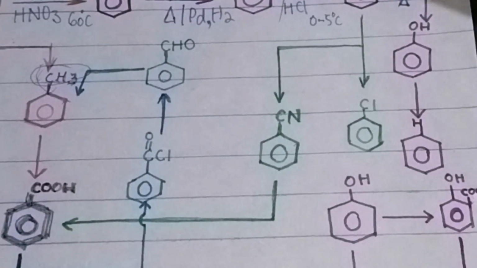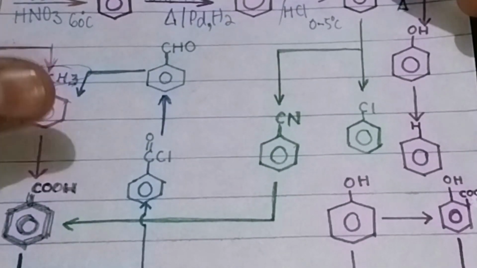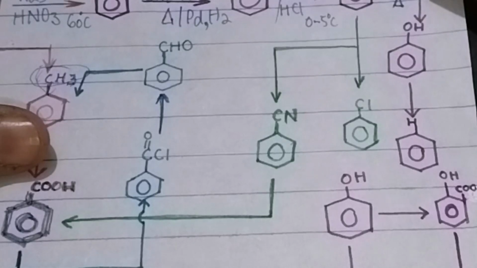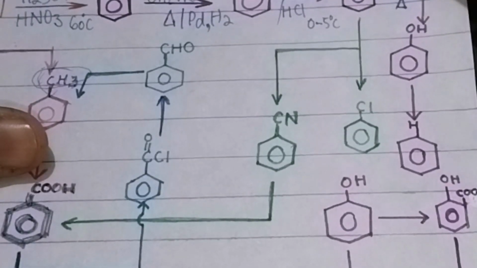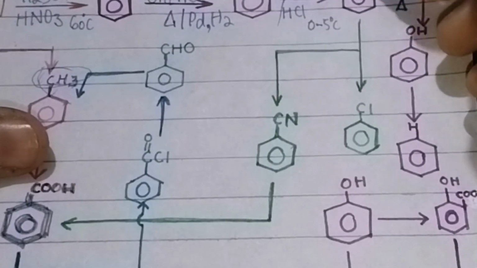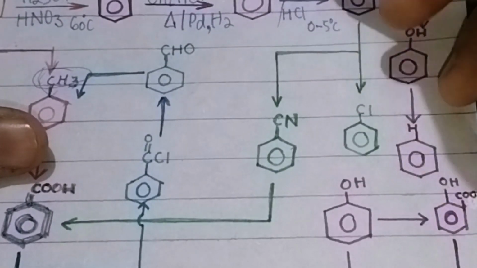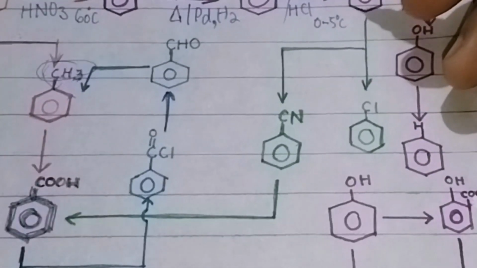Now if we need N2Cl, this is called benzene diazonium chloride. So we need to do a little diazotization.